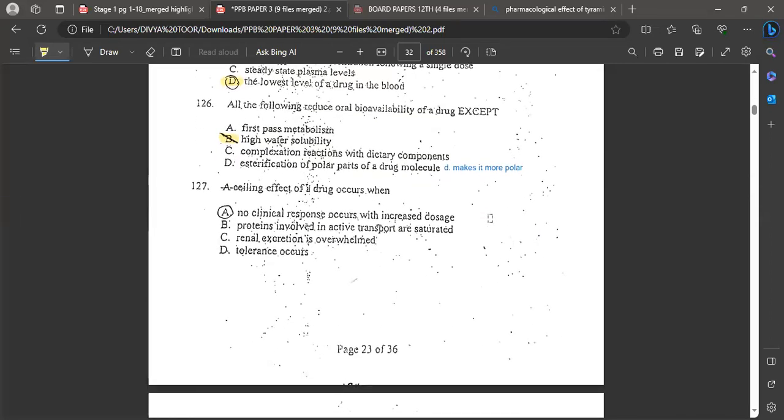I was also thinking along those lines, something that is highly water soluble, crossing the lipid bilayer will be a trouble. And for D, I don't think it causes any change because esterification improves polarity, but we are esterifying the polar groups. So okay, we can just confirm it. I agree with you, Samuel, because esterification of polar, it makes it more polar. It won't make a difference.